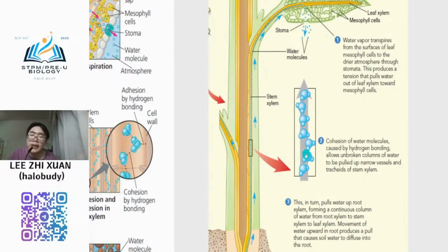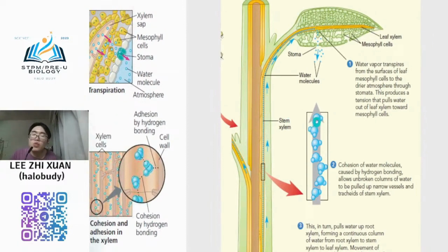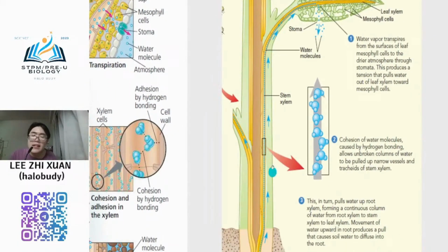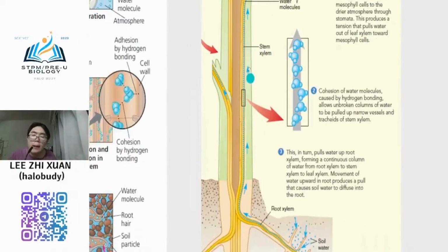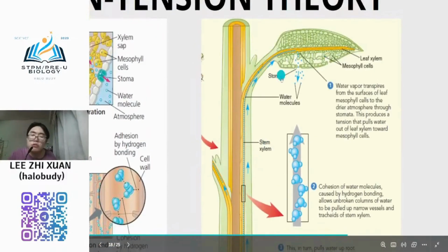There will be no breakage. It will not break, because hydrogen bonds have tied them. Hydrogen bond is like a rope. It ties all the water together. So the water molecules will not break down, so the water molecules are easily pulled up from the root into the leaf.